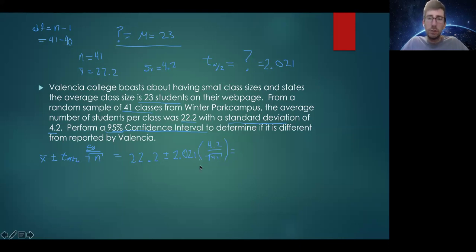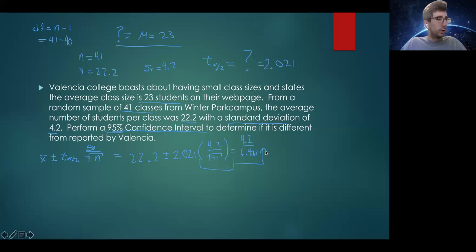So let's do this piece really quickly over here. 4.2 divided by the square root of 41. The square root of 41, I get 6.403.